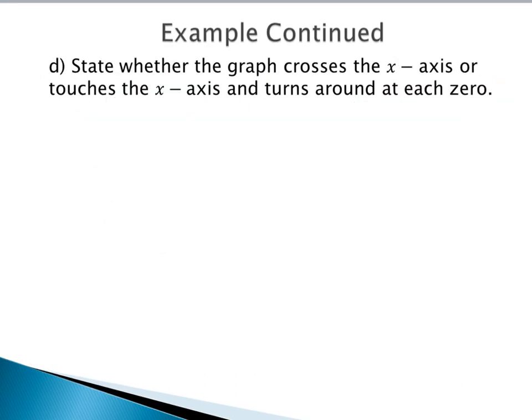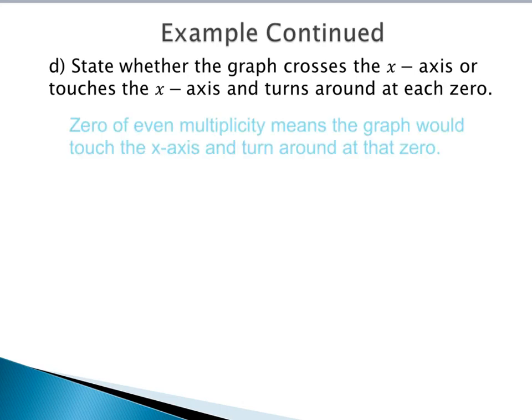Knowing the multiplicity of each zero helps us then to determine what happens to the graph at the zero. If the zero has an even multiplicity, the graph would touch the x-axis and turn around at that zero. So if the number that we found for the multiplicity was even, then the graph would touch the x-axis and turn around. If the zero that we found had an odd multiplicity, the graph would cross the x-axis.